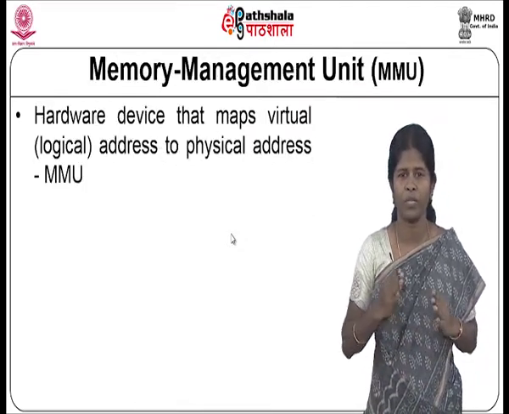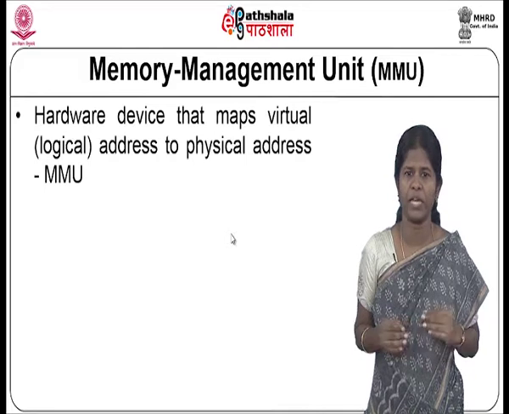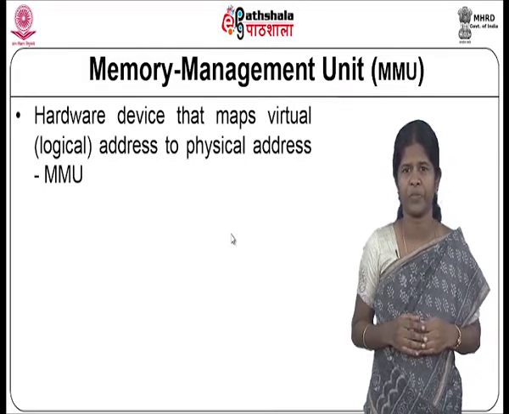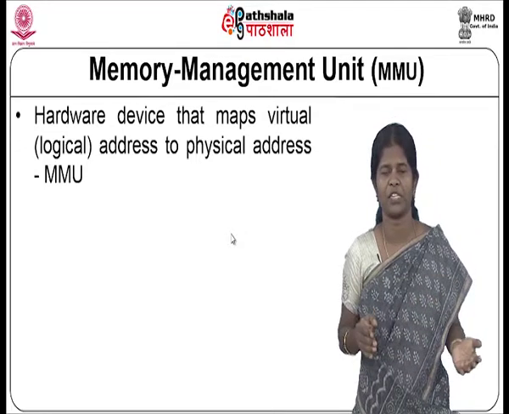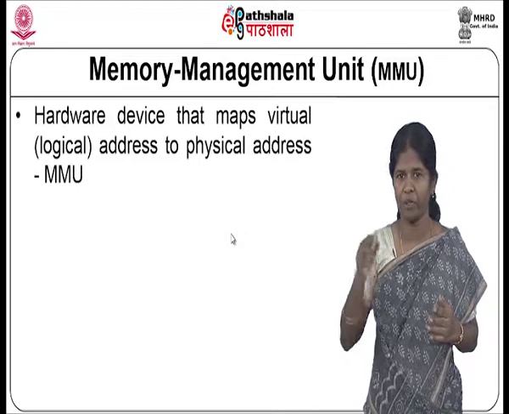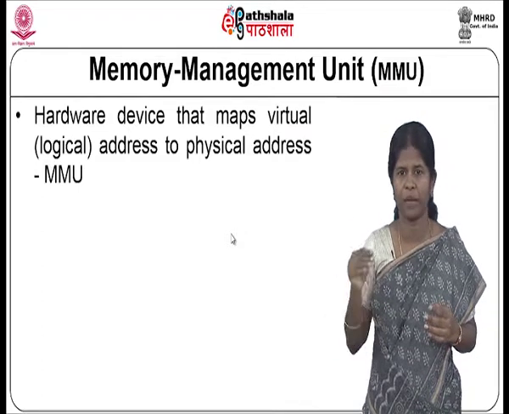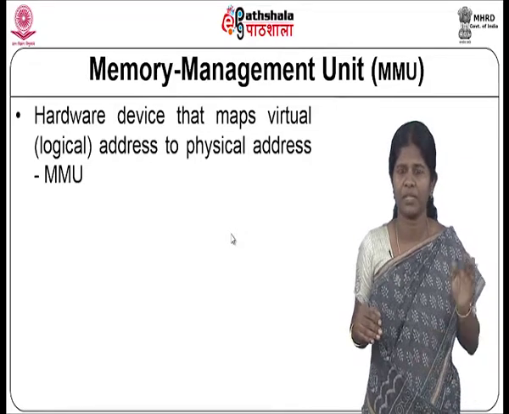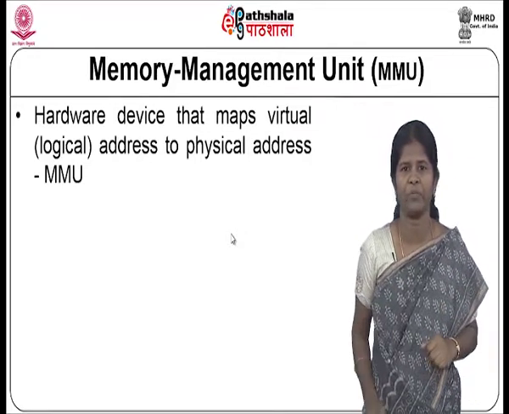So, now there should be some hardware device that will map the logical address to the physical address. If the logical address and the physical address are different, then there should be some conversion done from this relative address related to that process, which is the logical address, to the physical address where it is exactly placed in the main memory.